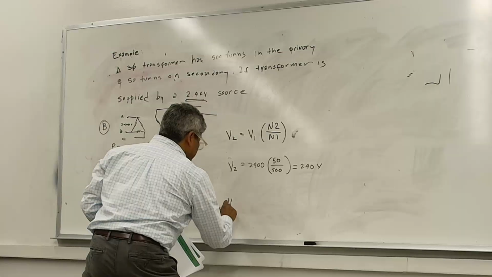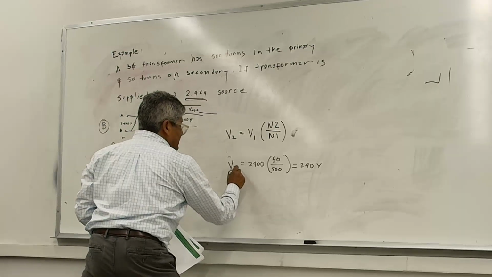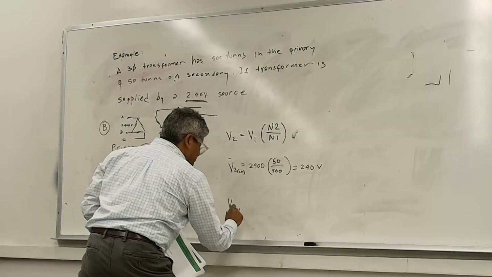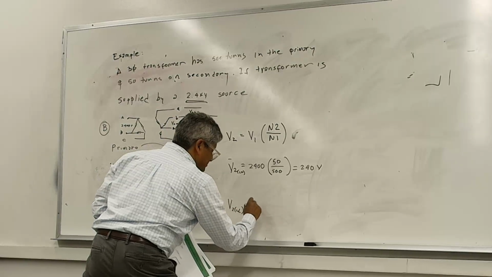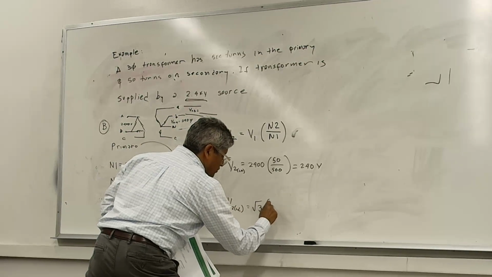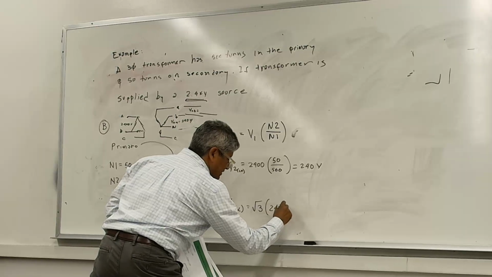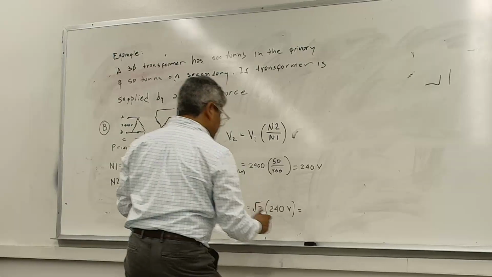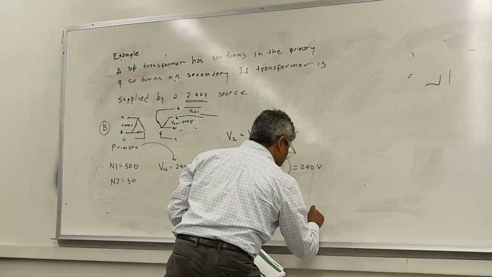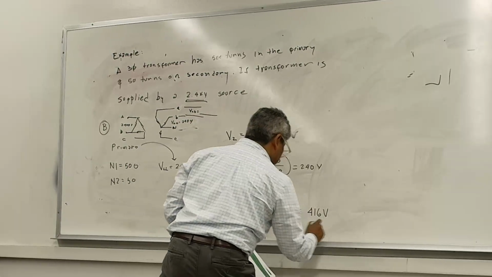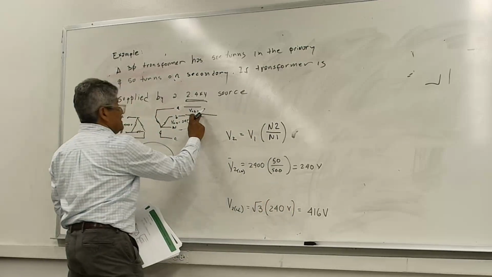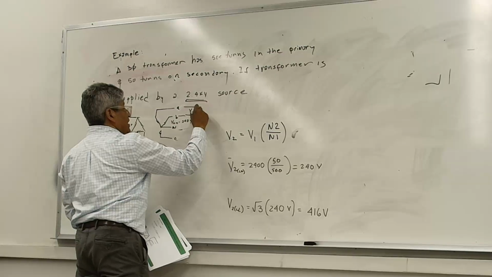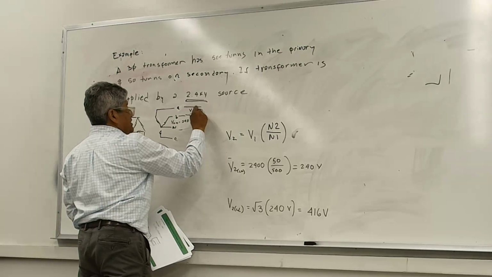So this is V2 line to neutral. This is V2 line to line. In this case, it's square root of 3 times 240 volts. That gives me 416 volts. Okay, so 416 once again is between the two lines A and B.